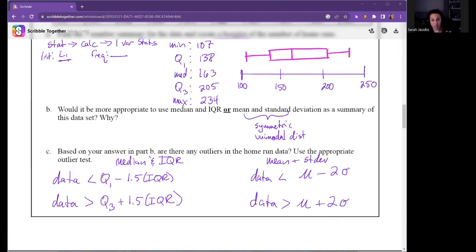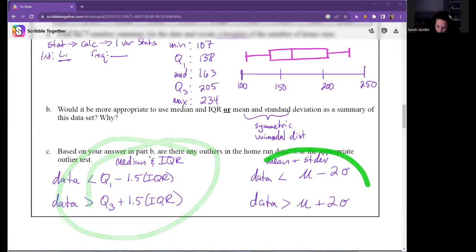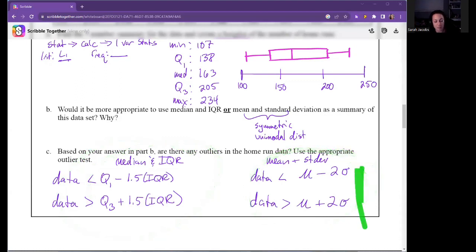Unless it specifically asks you to use one or the other, most of the time it doesn't matter. So whatever makes the most sense with the distribution, you go with that. And then you definitely need to know this because there will be data sets where you don't have the information to do this. It's not common that you'll have to work with that.